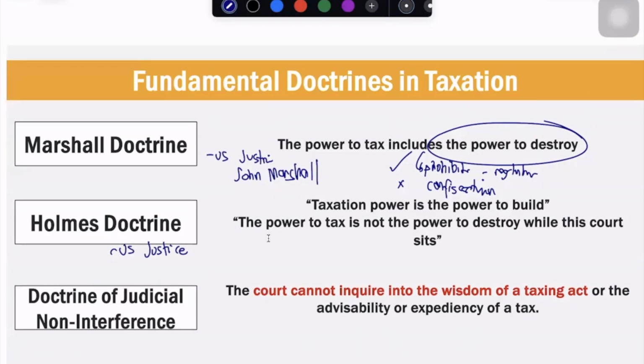However, Justice Holmes also said that the power to tax is not the power to destroy while this court sits. It means that the power to tax now has a consequence to destroy property. In short, it could confiscate property. However, in the confiscation, as long as the court sits, it could balance that. It could balance that confiscation.